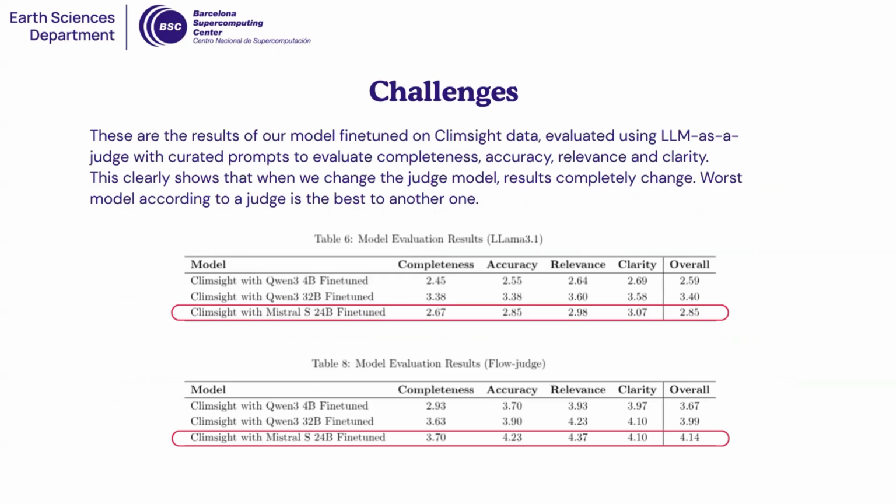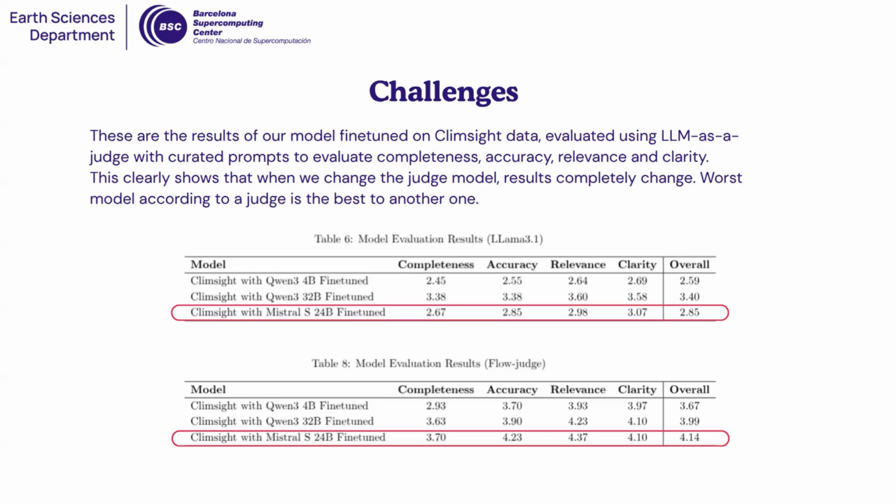In our work with ClimSight, we fine-tuned pre-trained models, two variations of Qwen3, the 4 billion and the 32 billion, and the Mistral model on ClimSight data, and we used two different judges. First, Llama 3.1 as a judge. It shows that our fine-tuned Mistral model on ClimSight data is the worst, but when we change the judge to Flow Judge, it's the best performer.